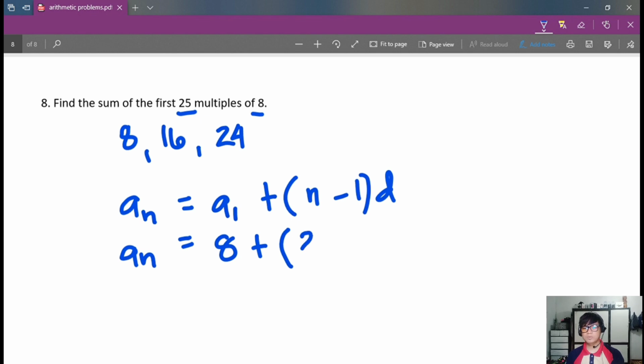So, there are 25 terms. Minus 1. What is our common difference? Our common difference is 16 minus 8, or 24 minus 16. So, that's 8.